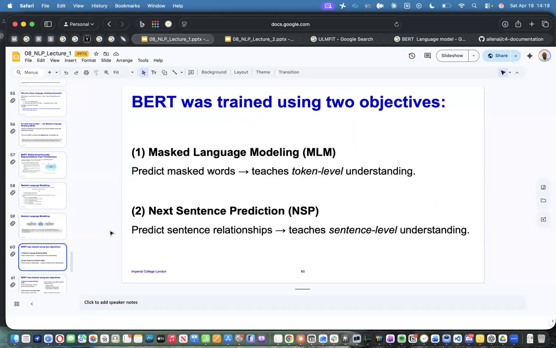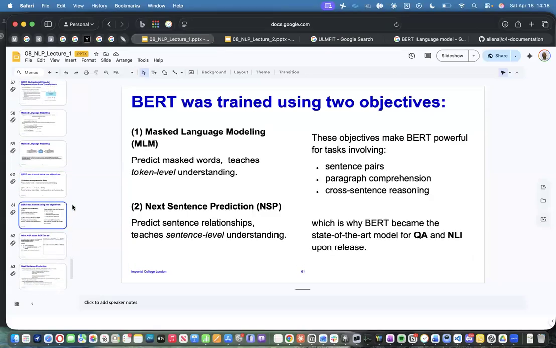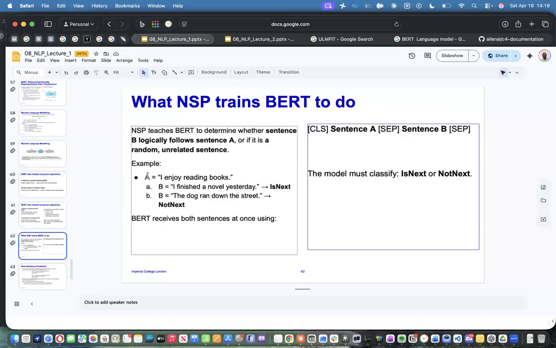But in addition to the masked language model, BERT was trained on what we call next sentence prediction. For example, say we have a sentence like this: I enjoy reading a book. BERT was trained on this: given this sentence, it was given two other sentences.